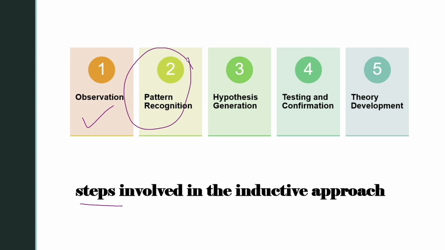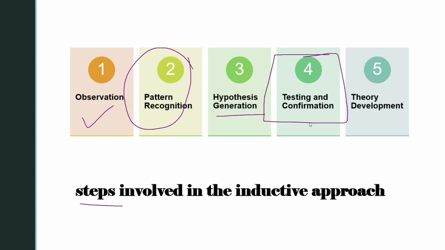The researcher will identify the pattern, the trend or the regularity in the observed data without any specific theory or hypothesis. Now hypothesis generation. Based on whatever we have observed with our pattern, the researcher generates a tentative or generalized hypothesis to explain whatever he or she has observed in that phenomenon.